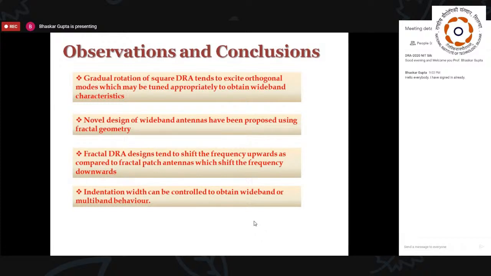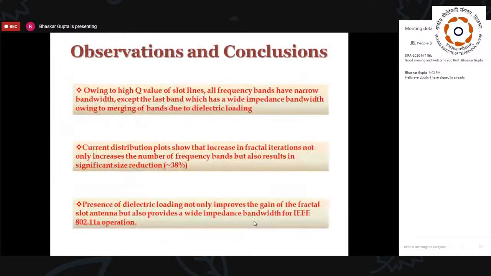Indentation width can be controlled to obtain wideband or multiband behavior. Further, owing to the high Q of slot lines, all frequency bands have narrow bandwidth in the slot-fed fractal antenna, except the last band, which has a wide impedance bandwidth owing to the merging of bands due to dielectric loading there, a considerable dielectric.